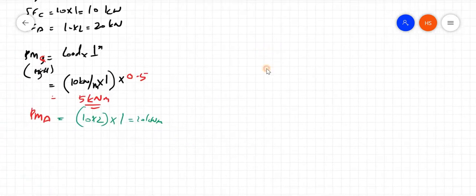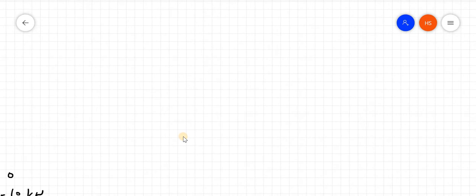Again, let us consider a small problem. Similar problem here. I am having a cantilever beam, and here there is a load. Here again there is a UDL. Let it be 10 kilonewton.